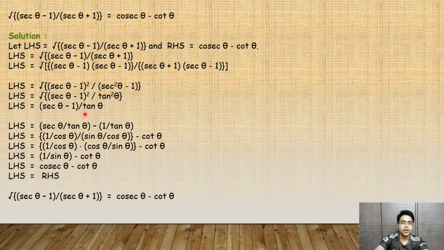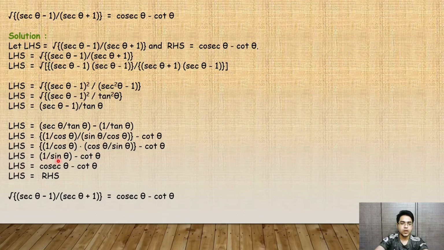Now we'll be splitting this tan θ. We'll be getting sec θ divided by tan θ minus 1 divided by tan θ. And we know that sec θ's value is 1 upon cos θ and tan θ's value is sin θ upon cos θ. Now this cos θ and cos θ will be getting cancelled out, and we will be getting 1 upon sin θ, and for 1 upon tan θ the value is cot θ.